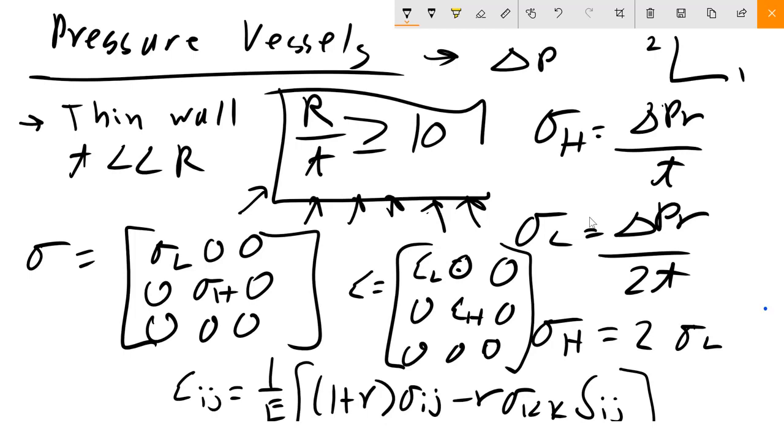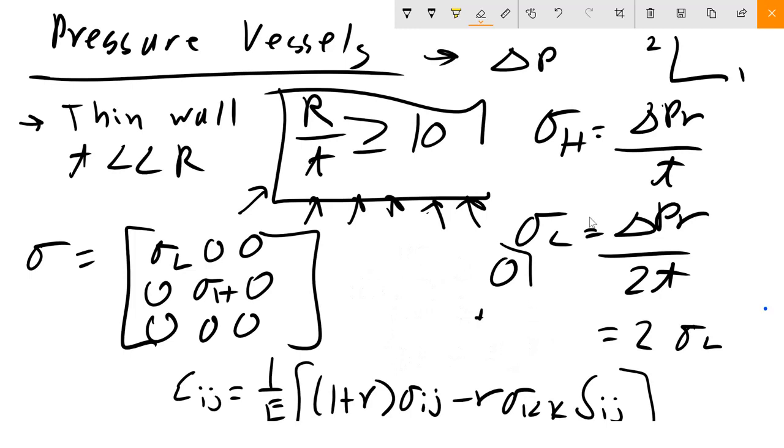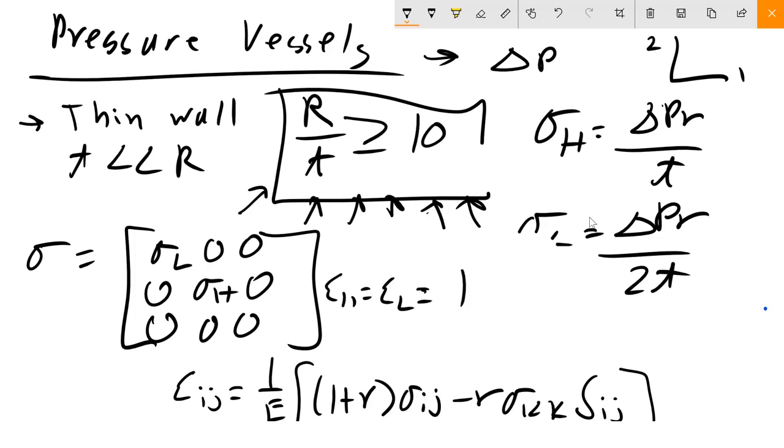Sorry, I'm going to erase again. If we want to calculate the longitudinal strain, we know that epsilon 1 is equal to epsilon L, which is equal to 1 over E times sigma longitudinal minus nu sigma hoop.